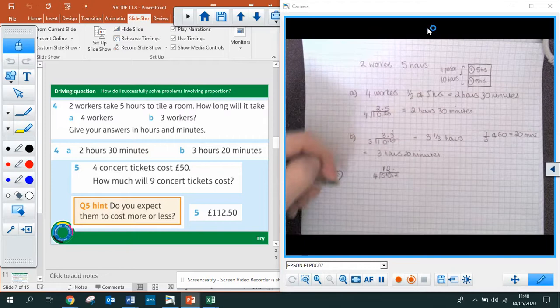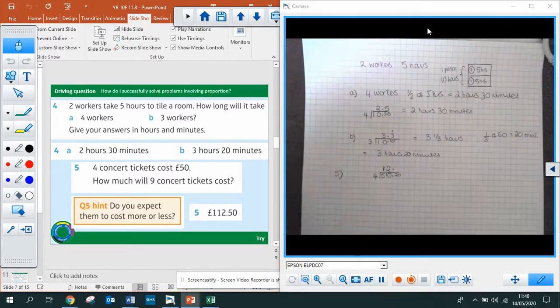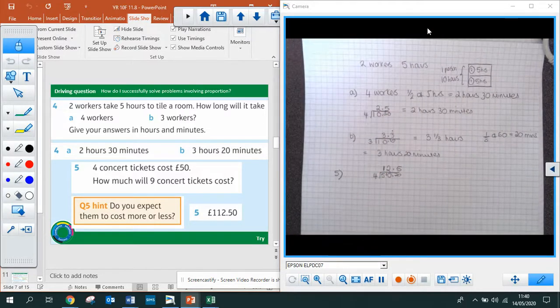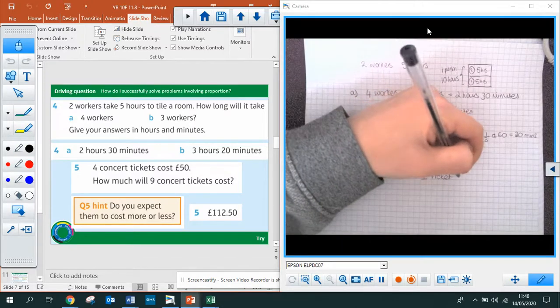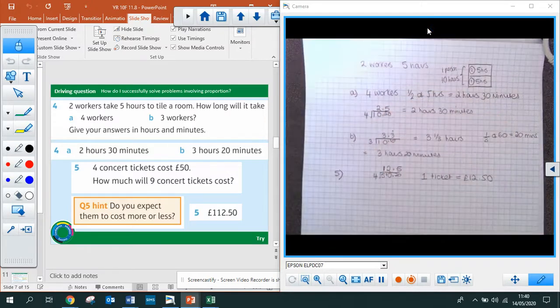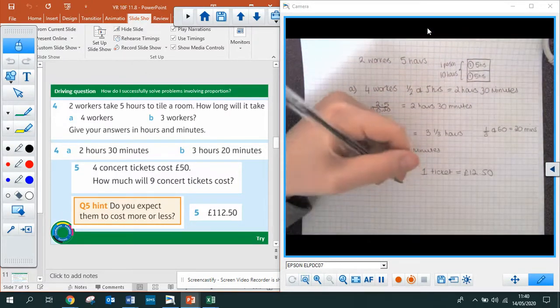That becomes 20, because now we're changing 2 ones into 20 tenths, and 4 goes into 20 5 times. So 1 ticket costs £12.50.